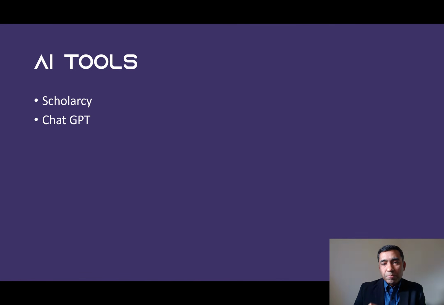Here, I will briefly go through the process, and then we'll quickly learn how these AI-based tools can help us in writing and synthesizing our systematic literature review. I might take you through the process step by step, but quickly and briefly, and then later on we can work with Scholarly and ChatGPT.